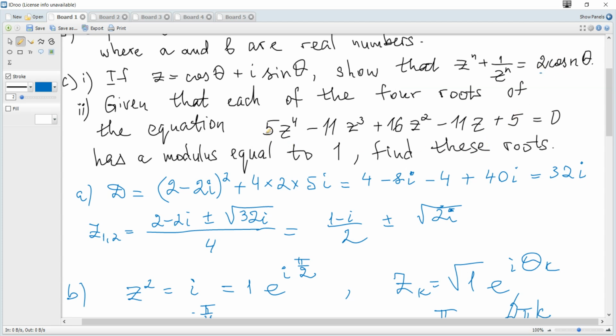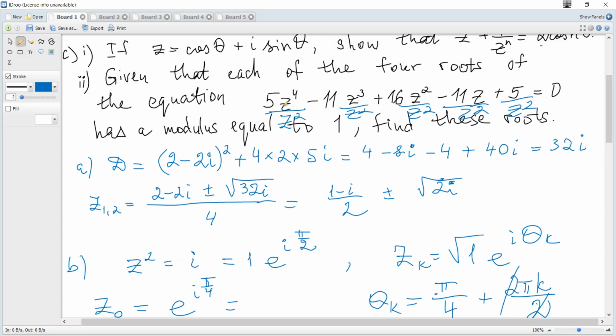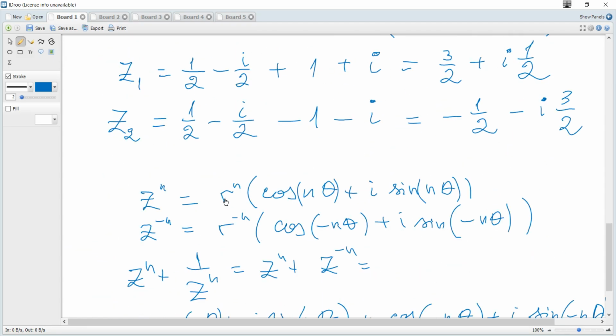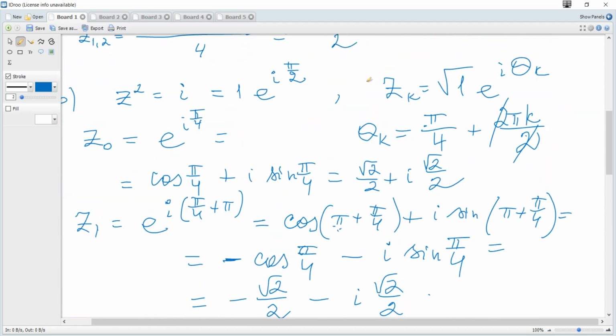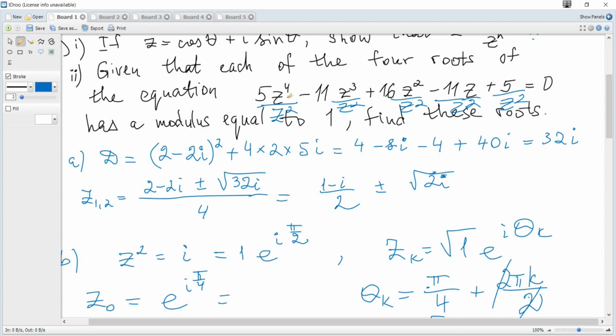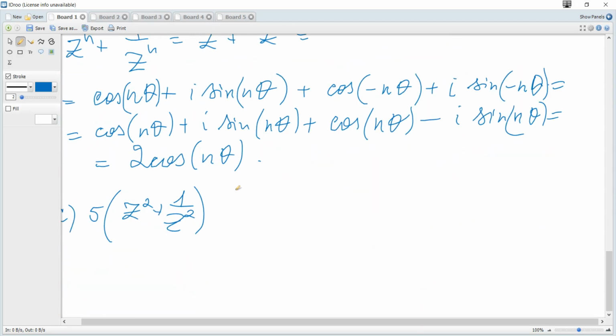And you can notice 5, 5, 11, 11, and if we divide each term by z squared, you can see that it becomes 5, and let's factor out 5, we get 5 times z squared plus 1 over z squared, minus 11 times z plus 1 over z, and just plus 16.